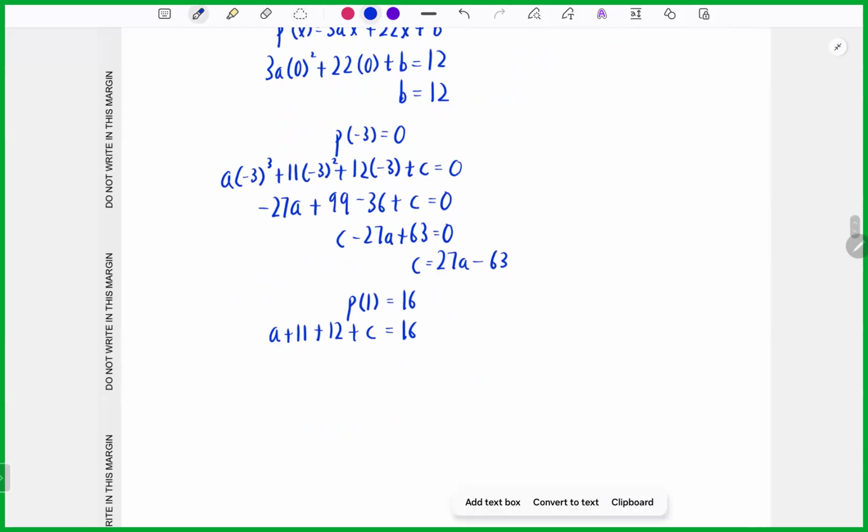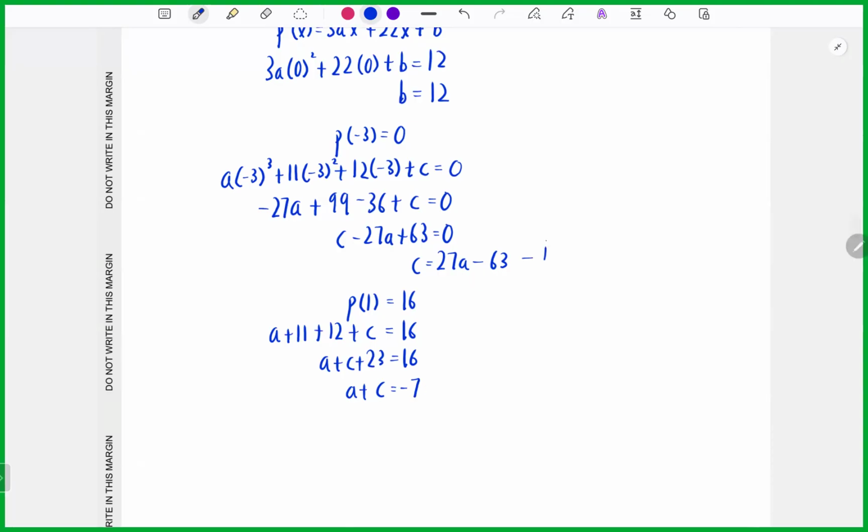Take A plus C plus 23 equals 60. So A plus C equals 16 minus 53, and you will get negative 7.